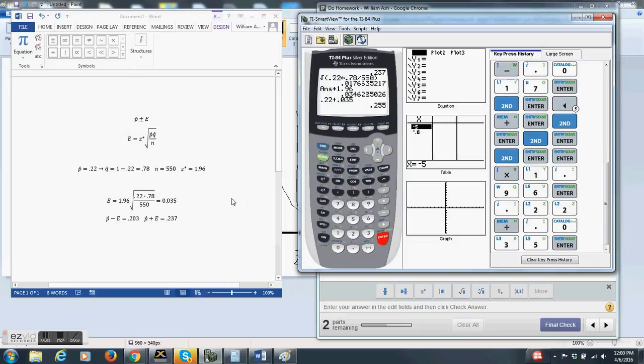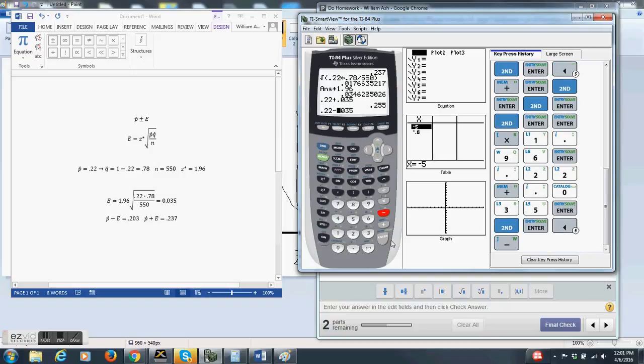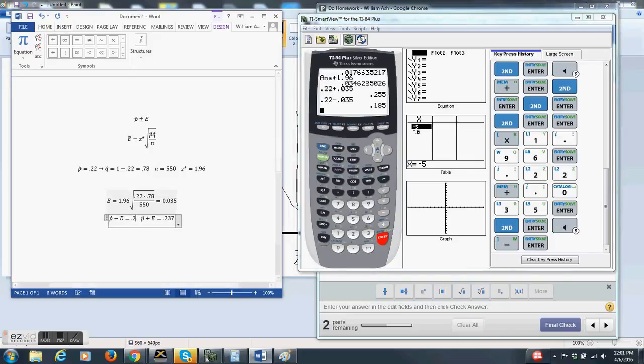It's supposed to be 1.96 times that, so let's go back up to there, times 1.96, which is 0.035.